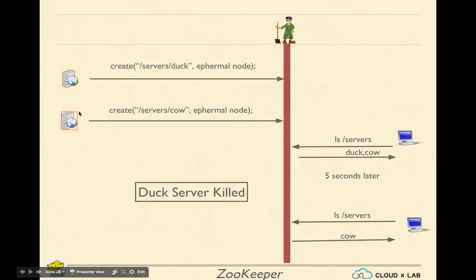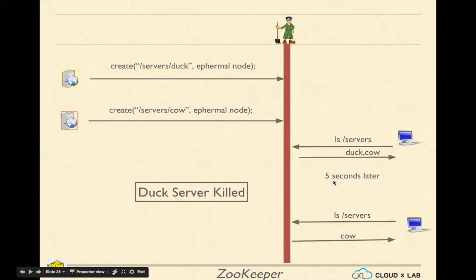Similarly, the second server informs Zookeeper to create my ephemeral node called cow. Afterwards, if a client comes into play and says, give me the available servers, you will get duck and cow. After some time, the duck server is killed. This particular machine is dead.